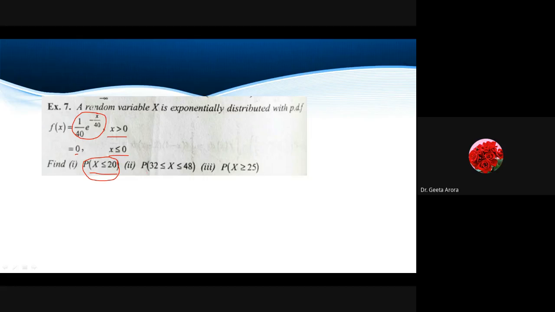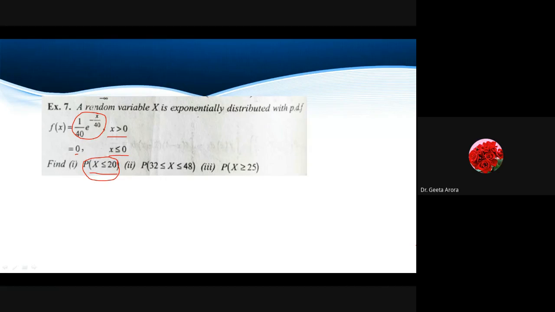And if we have to revise, what is the integral of e raised to power ax? It is 1 by a into e raised to power ax. Whenever an exponential is there and we are taking the integral, only a will come outside, and the remaining part takes the limits. So find it out and write down what the answer should be.